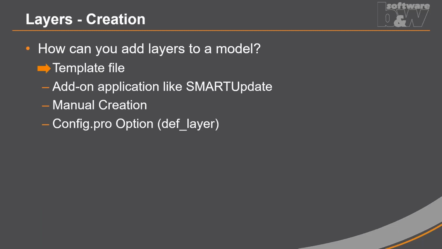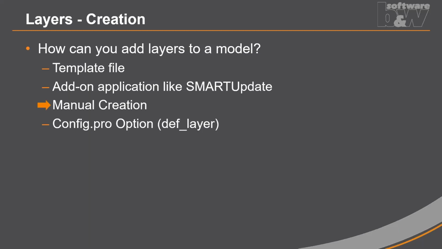Yeah, well, layer creation. How come these layers into a model? Well, the most common mechanism is template files. Everybody's using template files, and usually they are containing layers. But you also can use add-on applications like the Smart Update to add or manipulate layers automatically.